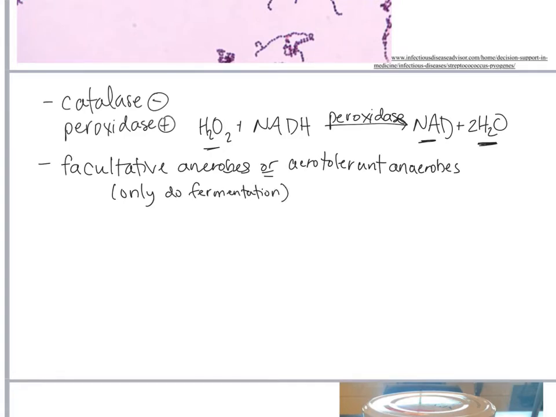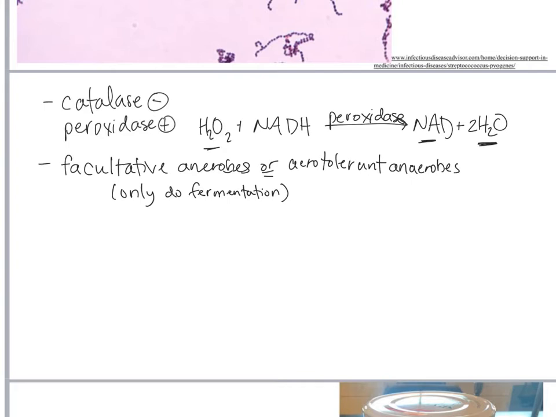Okay, they are what's called homolactive. They actually only do the fermentation pathway where you get lactic acid. Okay, so that may seem odd that we consider them facultative anaerobes if they don't respire aerobically. There's some nuance here, okay?